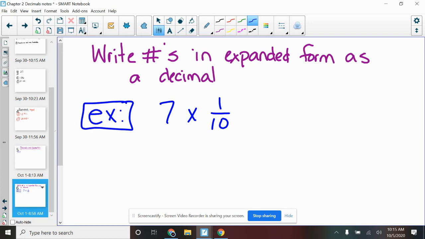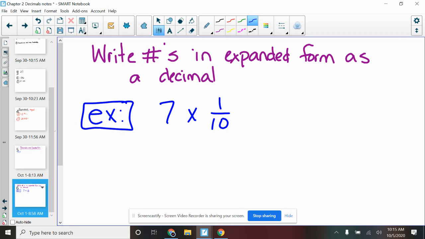I want you to pretend for a moment that this 10 was not there, and all you saw was 7 times 1. Everybody in this room would be able to tell me what 7 times 1 is, right? What is it? 7.